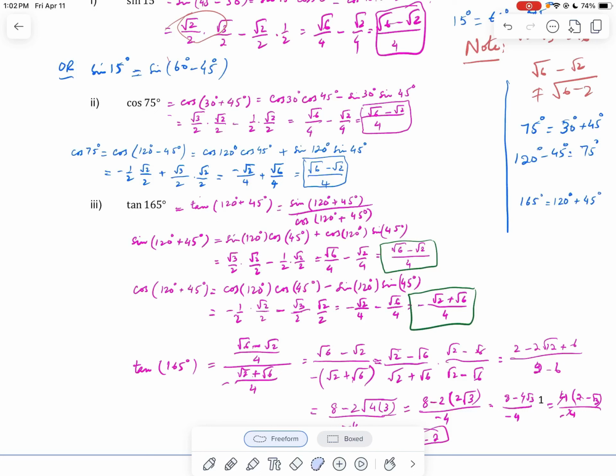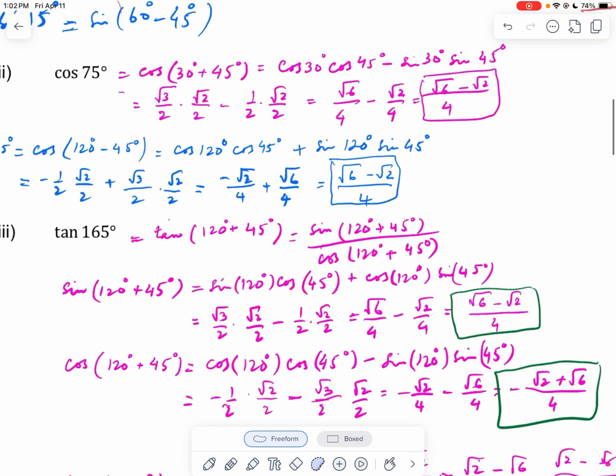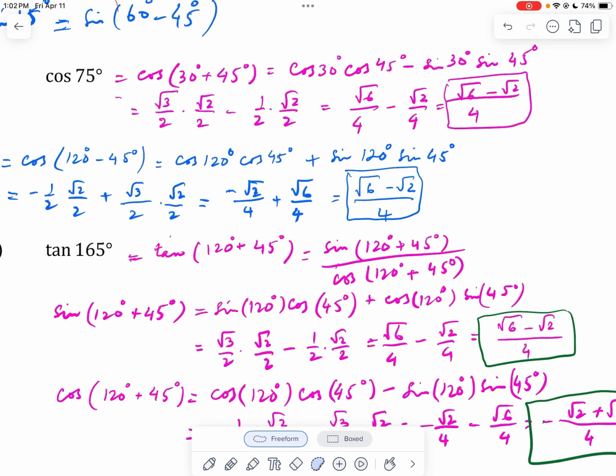Welcome back. I hope you were able to do part 2 and start part 3 of this example 1. So I showed you how to find the exact value of cosine of 75 using the sum or difference formula.